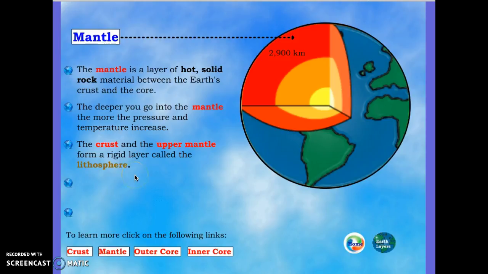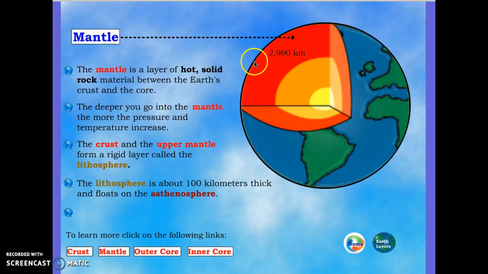The crust and the upper mantle form a rigid layer called the lithosphere, and that would be the very top part. So again, the mantle is divided here into different parts. The lithosphere is actually about 100 kilometers thick.